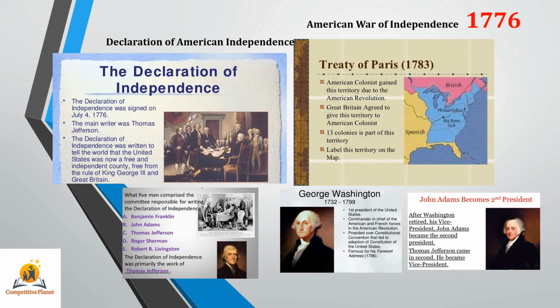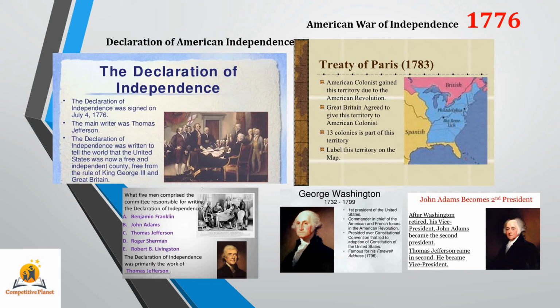Okay, now let me explain about the Treaty of Paris, which happened in 1783. Actually, the Treaty of Paris is the treaty by which England confirmed the freedom of the American colonies. So the American colonists gained the territory due to the American Revolution, and Great Britain agreed to give this territory to them.